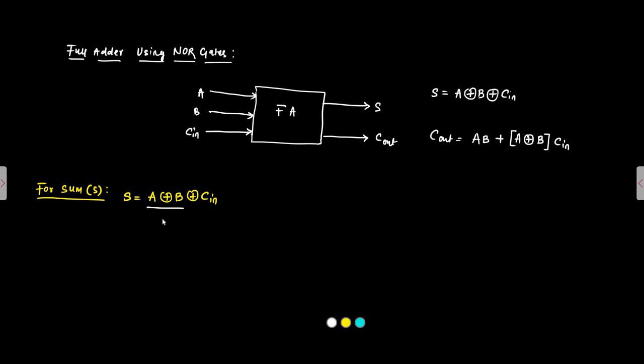Now if we consider only this A XOR B part, and let's call it X, that is A XOR B equals X. So now A XOR B, if we do the double complement of it, it will essentially be the same thing, because the double complement of a variable is the same variable we get.